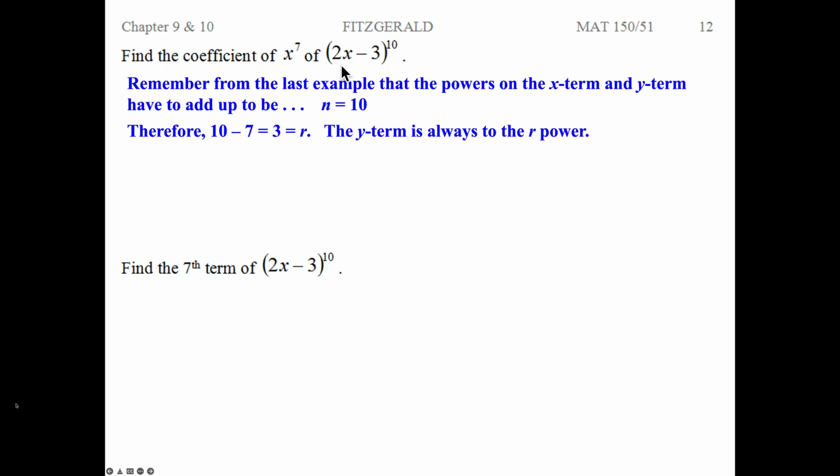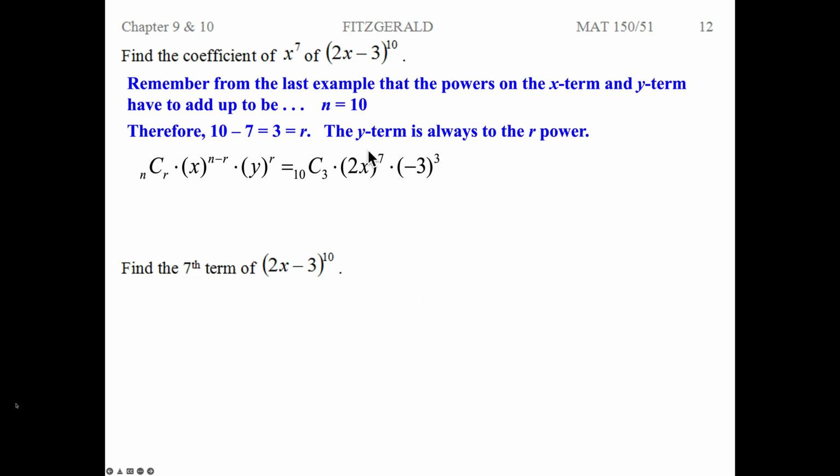So I'm going to write down, based on my formula, n is 10, 10 combination 3, all right, times x to the 7th power, because they already gave me the 7 on the power of x. And then the second term, minus 3, to the 3 power. So all of 2x is going to be raised to the 7th power. Negative 3 is raised to the 3rd power.